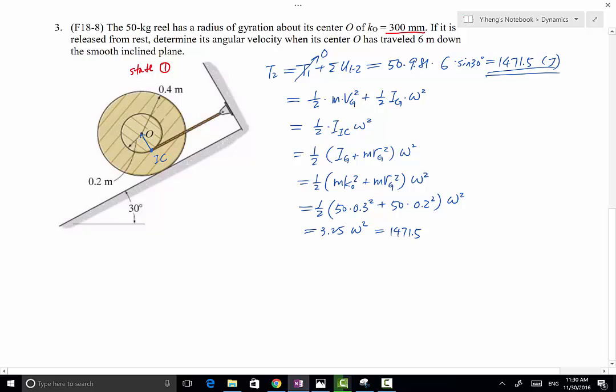So from there, we can evaluate omega to be 21.3 radians per second. And that is the angular velocity of this reel when its center has traveled 6 meters down this inclined plane.